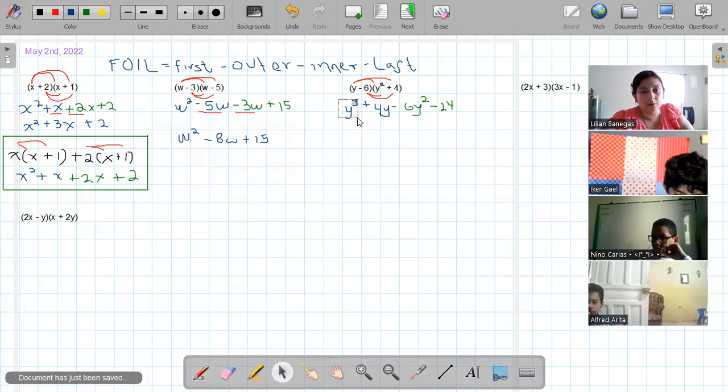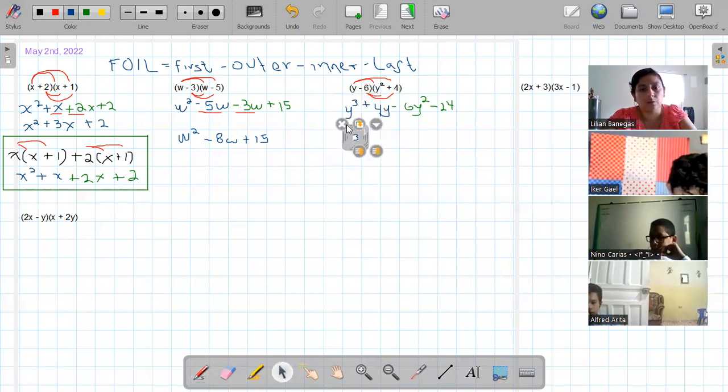Well, it is this, y cubed. So I'm going to copy the y cubed first. Then what exponent goes after the 3? It will be exponent 2. So I'm going to copy the term that has the exponent 2.